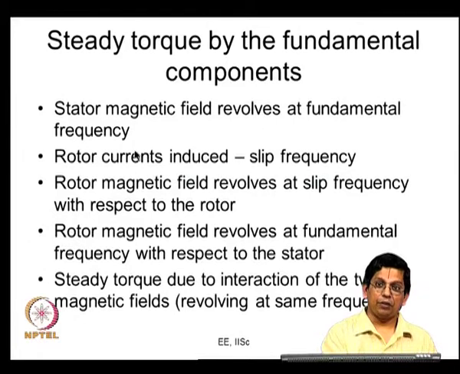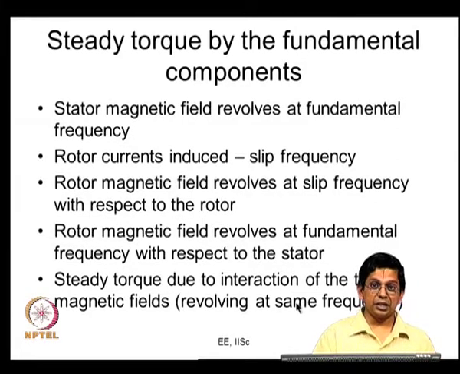But if you have made sure that the rotor is also rotating at the synchronous speed, the rotor carries DC, therefore, the rotor magnetic field will also be at the synchronous speed, the stator magnetic field is also at synchronous speed, and then the synchronous machine starts producing torque. So, any machine can produce a steady torque only when the stator magnetic field and the rotor magnetic field are stationary with respect to one another.